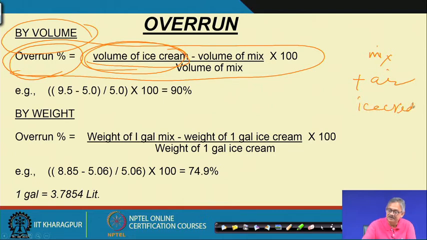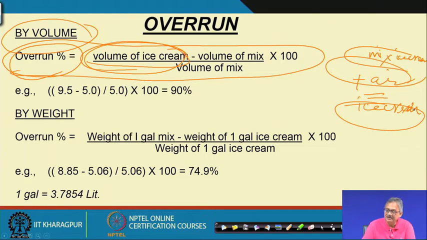The mix of ice cream plus air, put together, makes the ice cream. So, the volume of ice cream where air has been incorporated is more, and the volume of mix whose density is high will be less.